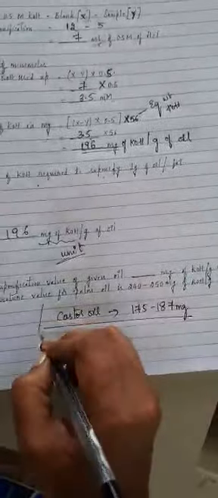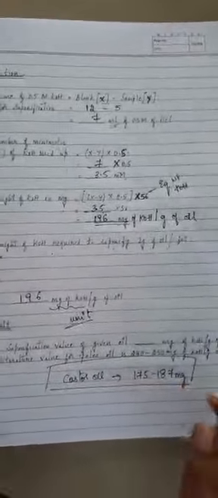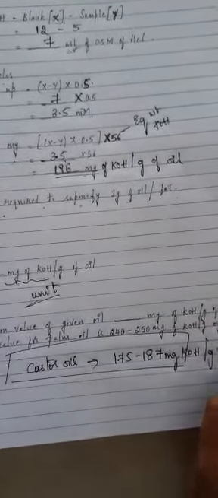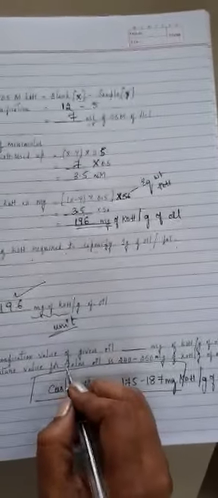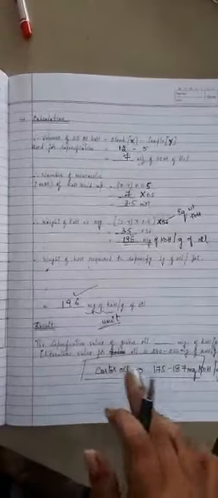This is the standard range for castor oil, that is 175 to 187 milligram of KOH per gram of oil. We have got around 196 milligram of KOH per gram of oil. Fine. So this is the saponification value of the oil sample we had taken.